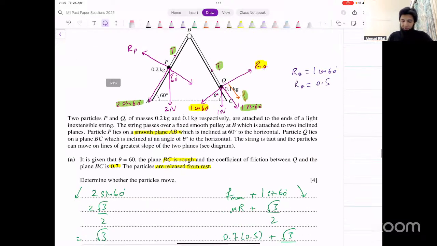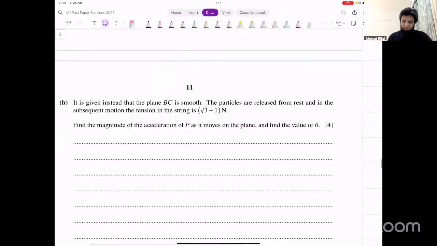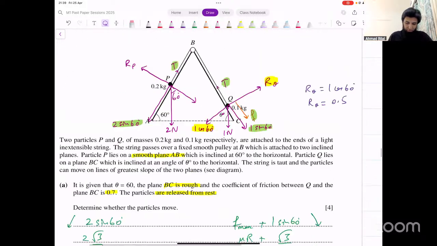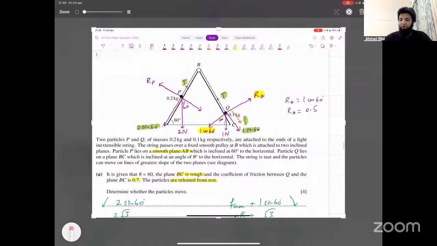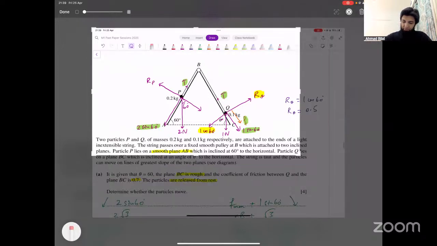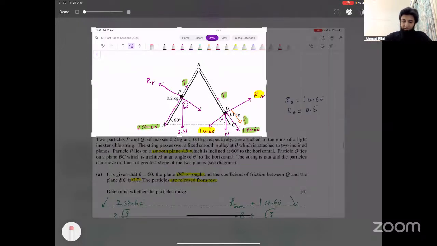What I'm going to do is I'm just going to copy this diagram, so we don't have to redo this work. You will be annotating using a pencil in your exam so that you can edit anything if you need to.